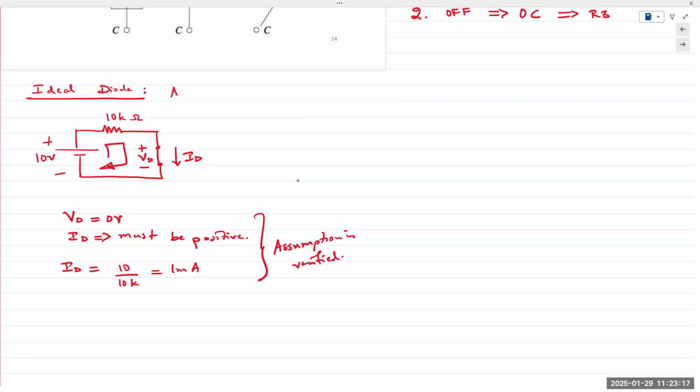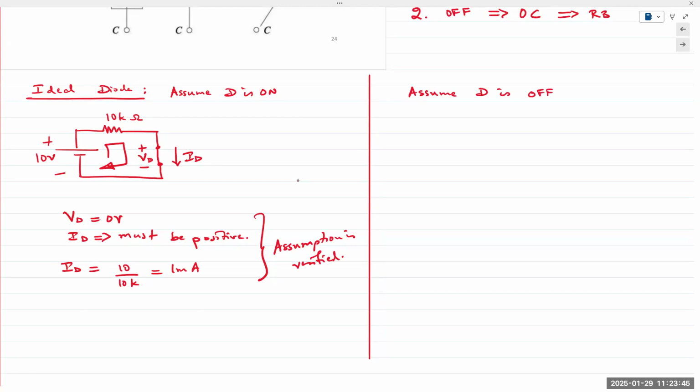So that's at least one assumption verified, right? Voltage drop VD is 0, current ID is positive. Taking these two into account, verified. And here the assumption is D is on. But let's say I assume that the diode is off. If I assume the diode is off, then VD must be negative.